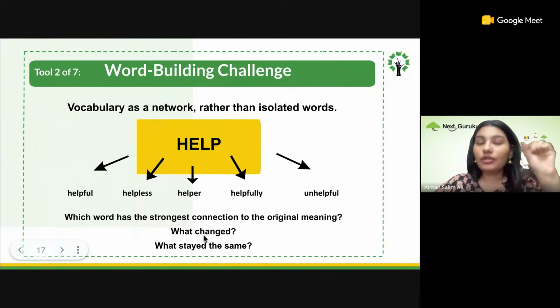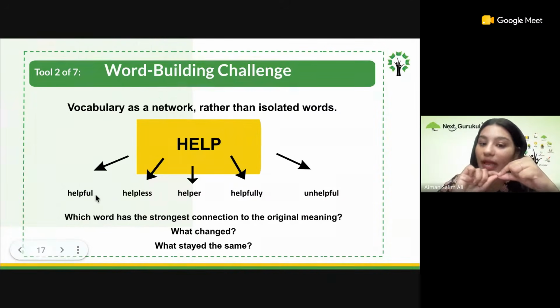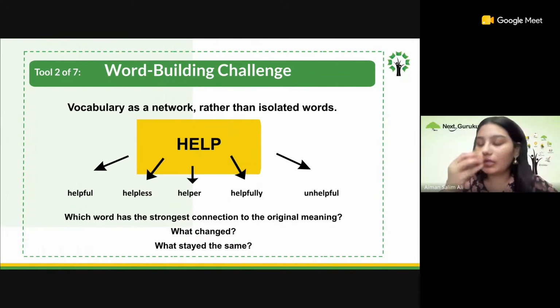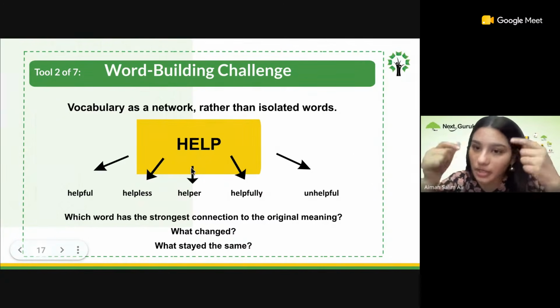Now I want to know what changed, what stayed the same, right? I can see if I add ful as a suffix, that bears the strongest meaning to my root word. If I add less, helpless, to my root word, then it means the opposite of what the root word is, right? What I'm actually doing here is creating new words.